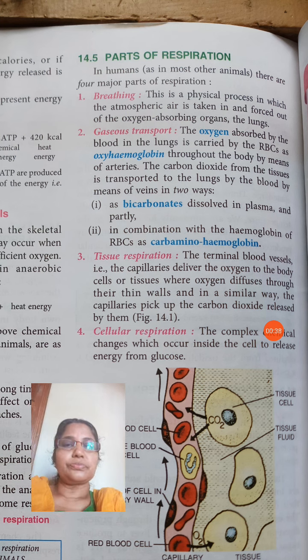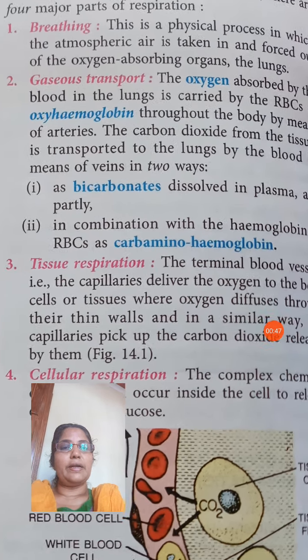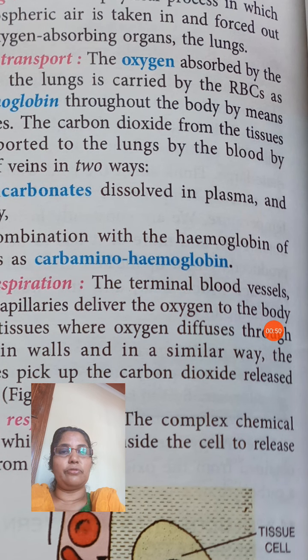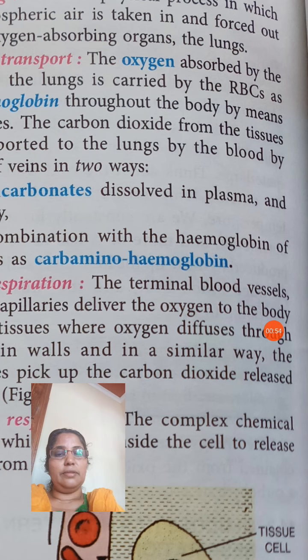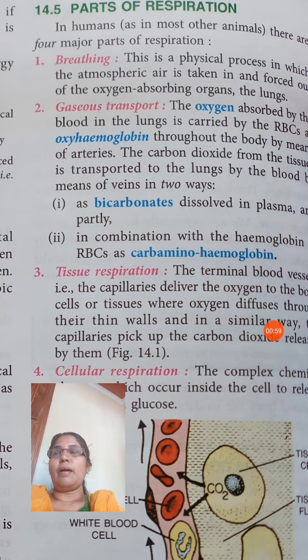Then again, one thing, sometimes carbon dioxide is carried from the tissues as bicarbonate dissolved in plasma. Some of the carbon dioxide is dissolved in blood plasma, plasma meaning the liquid part of the blood, and some may combine with hemoglobin to form carbaminohemoglobin.